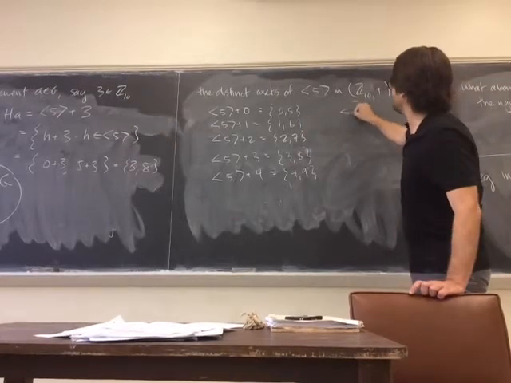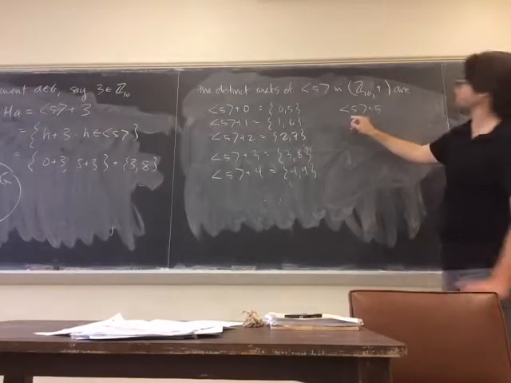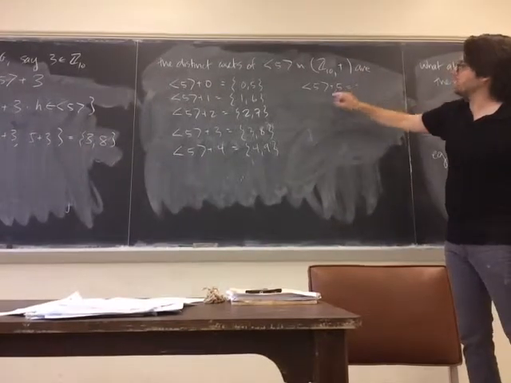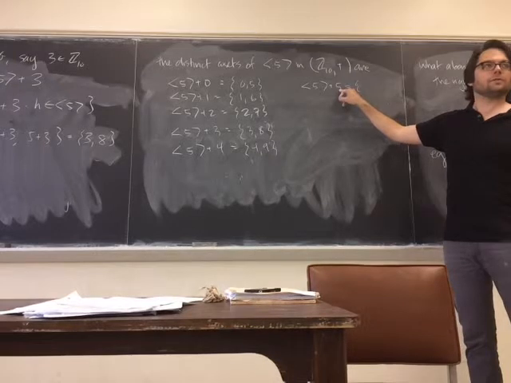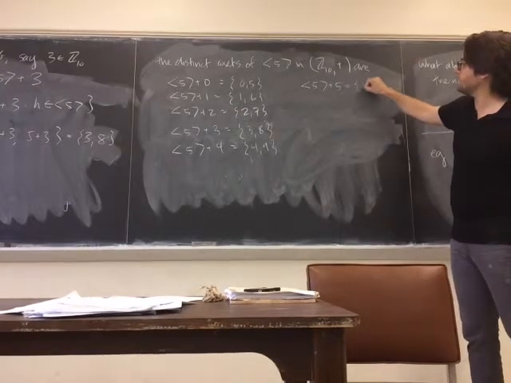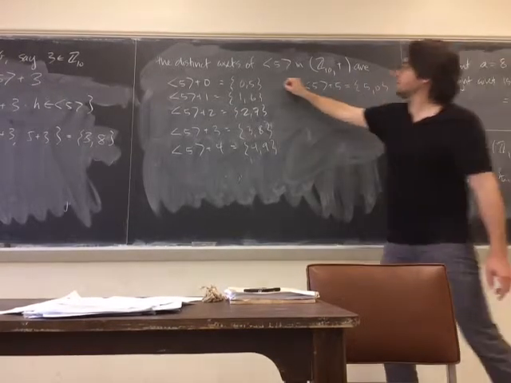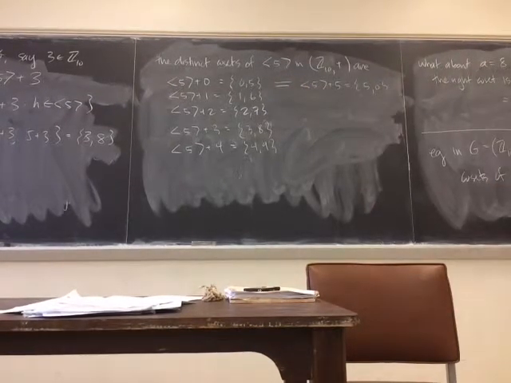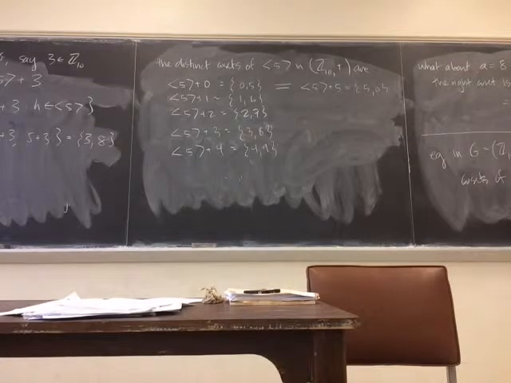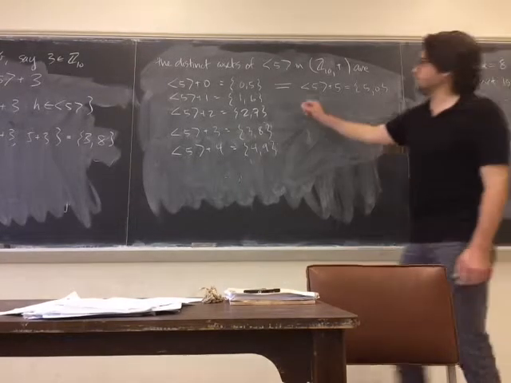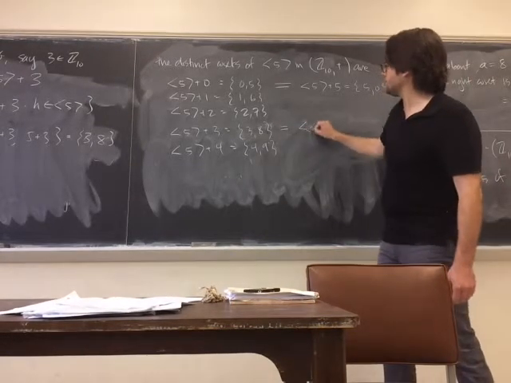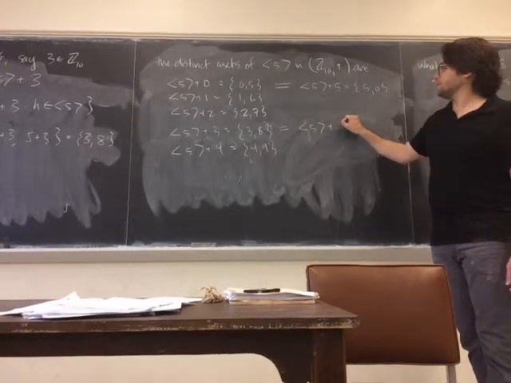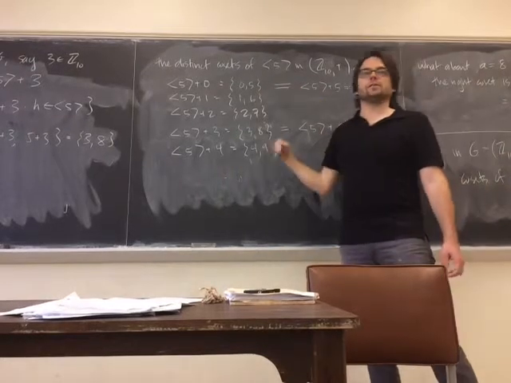Because if I take 5 plus 5, so be careful, subgroup generated by 5 plus 5, that means I take the subgroup elements and hit them with 5. So I get 5 and 0, which is the same set as this, right? I mean, as a set, it's the same thing. Cosets are sets. Okay, so, and what's this the same as? This is the same as 5 plus 8, right? So there's only 5 distinct cosets.